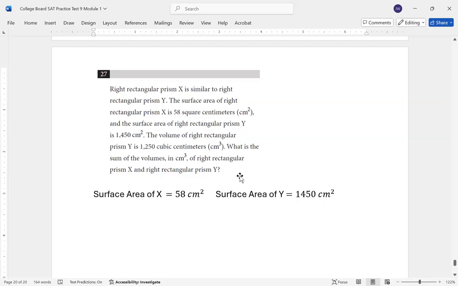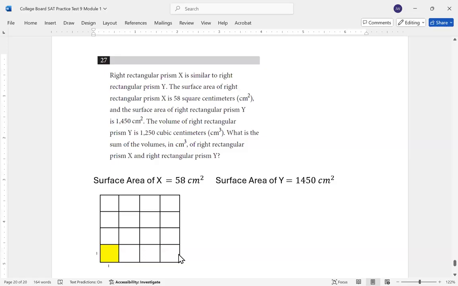Let me give a diagram to illustrate my point here. So here's the picture. The ratio of this small filled in yellow square to the larger square. Well, if we're talking about the side length ratio, the side lengths are in a 1:4 ratio, but the area is in a 1:16 ratio.